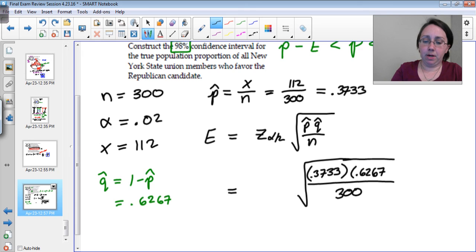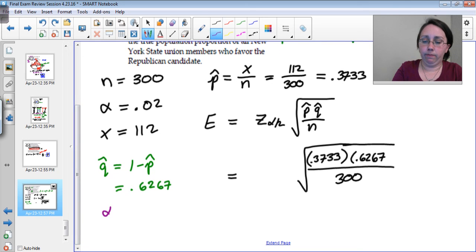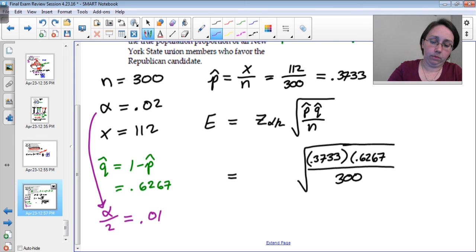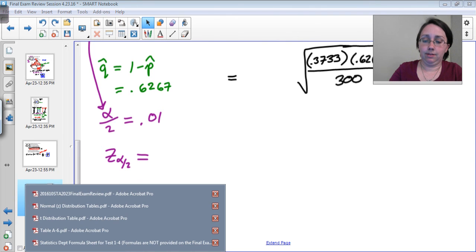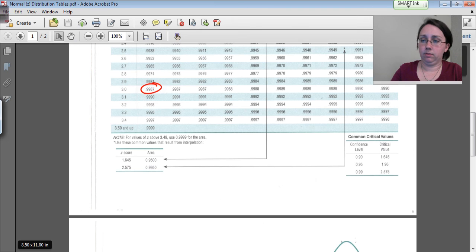Z alpha divided by 2. All right, alpha is 0.02. What's alpha divided by 2? 0.01. Very good. So how do we find Z alpha divided by 2? Z table. 2.33.